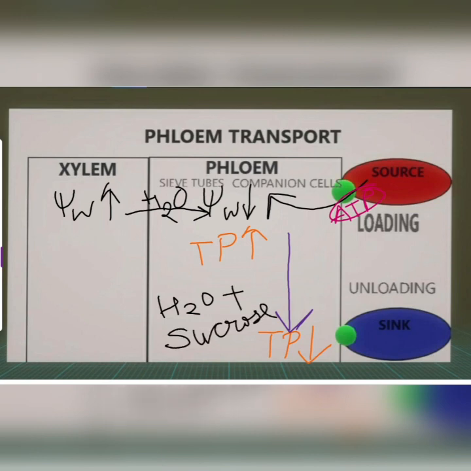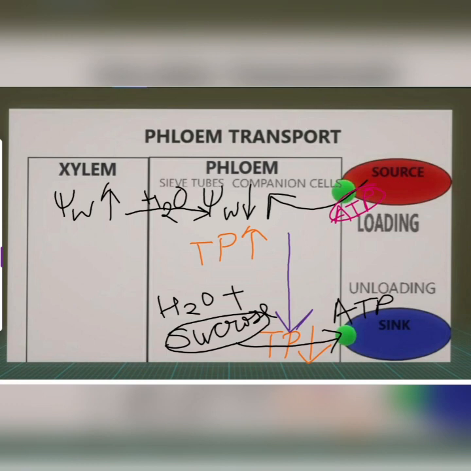Now these sucrose molecules will be sent to the sink, and this is again a step where ATP is going to be used, and it is known as unloading. If ATP is used, we can say it is also an active process, named unloading.